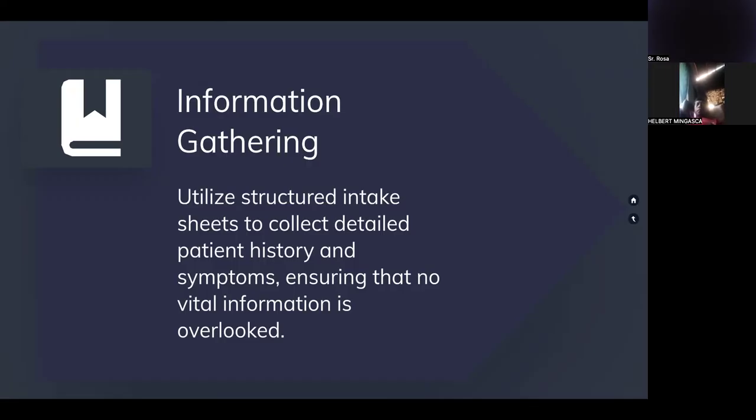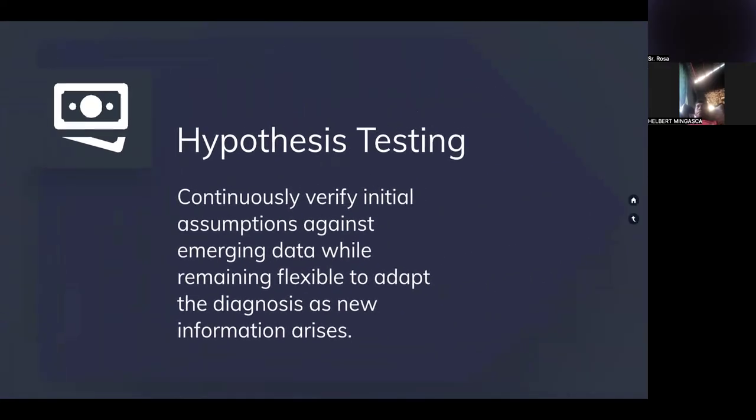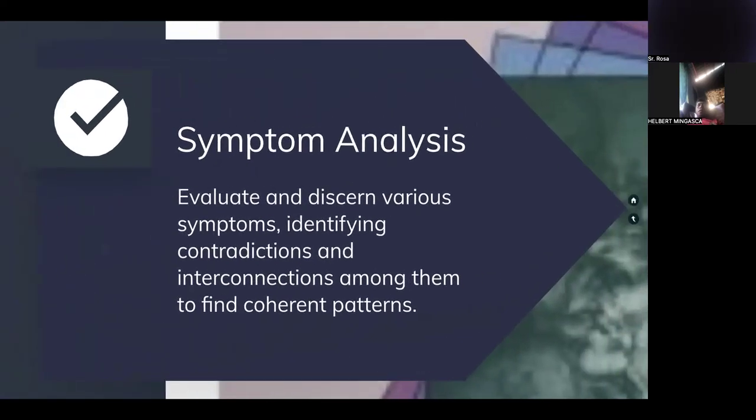Then information gathering. Utilize structured intake sheets. So I presume all of us have intake forms, no? To collect detailed patient history and symptoms, ensuring that no vital information is overlooked. Okay. Then continuously verify initial assumptions against emerging data while remaining flexible to adapt the diagnosis as new information arises.